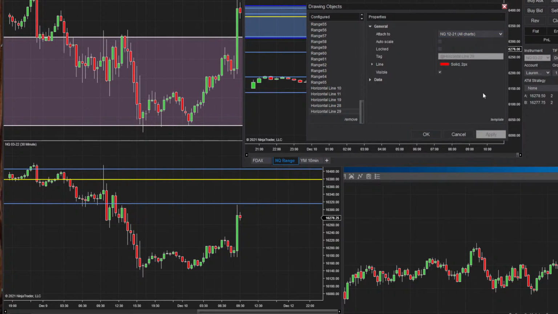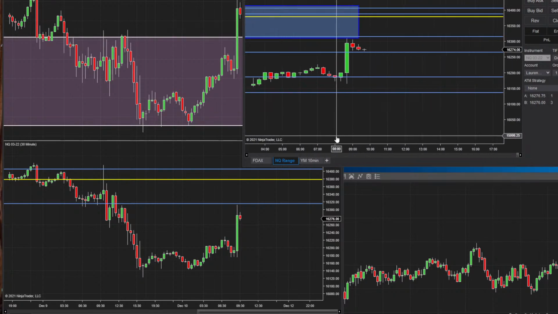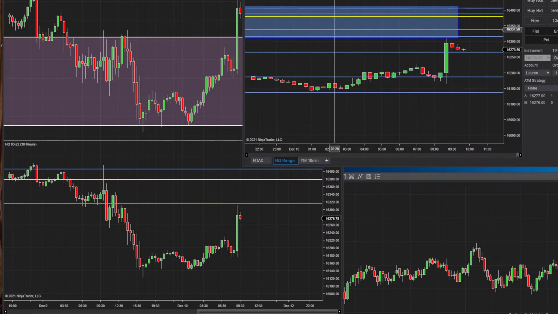Ugh, it seems like I'm going to lose it. I want it to be on all NQ charts, not just... So I may have to open a second chart and, I don't know, try to copy these over somehow. Ugh. I didn't really think about this last night.